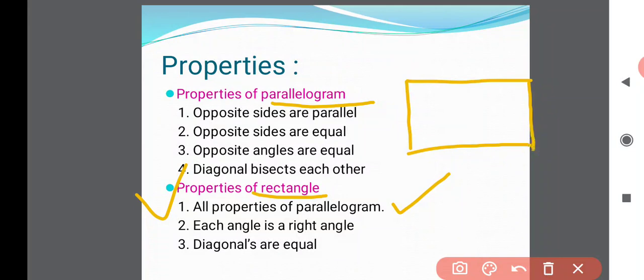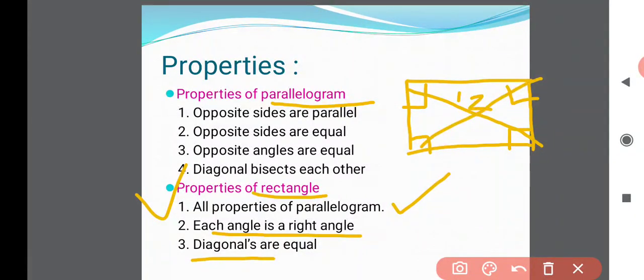But as it is a special type of parallelogram, its speciality is each angle is 90 degrees. Another is diagonals are equal. Suppose the length of one of the diagonals is 12 centimeters, then the length of the other diagonal will be 12 centimeters. So that is its speciality.